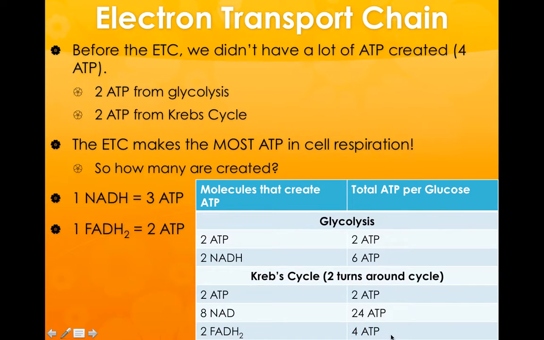So that gives us 4 ATP. So in total, if you add all these up, all the ATP produced from the 3 processes of cellular respiration, glycolysis, Krebs cycle, and electron transport chain, gives us a total of about 38 ATP that are being produced from cellular respiration. But we don't actually get 38 ATP from cellular respiration, and here's why.